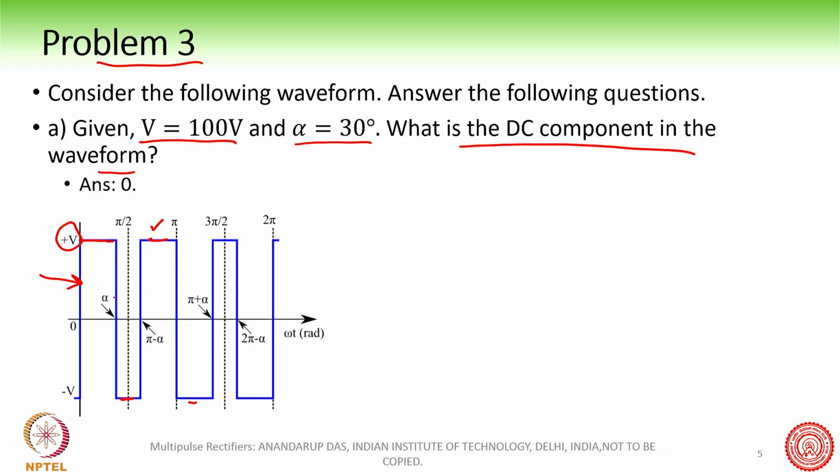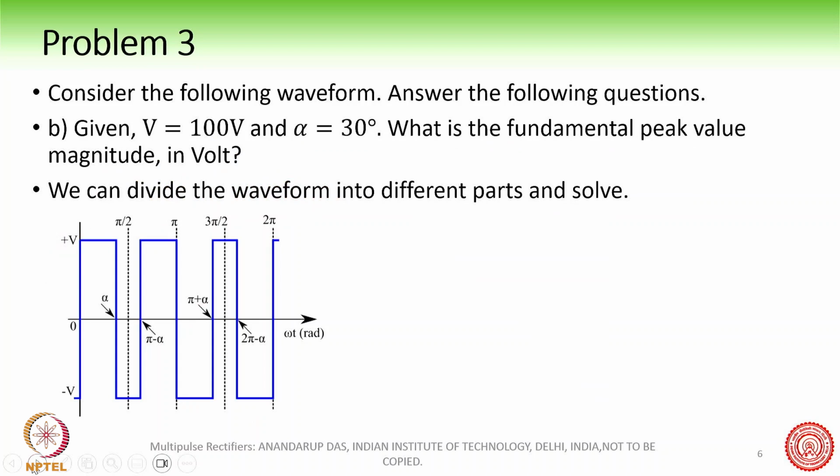So here you see this one, this one and this one, all these are perfectly symmetric, this angle is pi, pi minus alpha, this is pi plus alpha. And so by observation, you can say that the DC component in the waveform is 0.